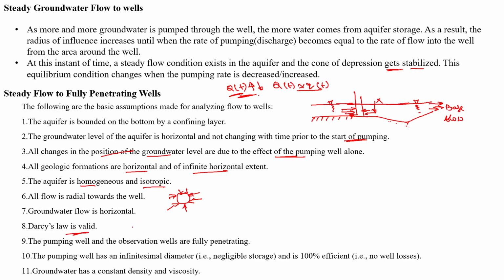And Darcy's law is valid. So what is Darcy's law? We have seen it. Velocity is proportional to the hydraulic gradient. So the velocity of the water will be proportional to the hydraulic gradient, and the proportionality constant will be K, which is nothing but hydraulic conductivity.